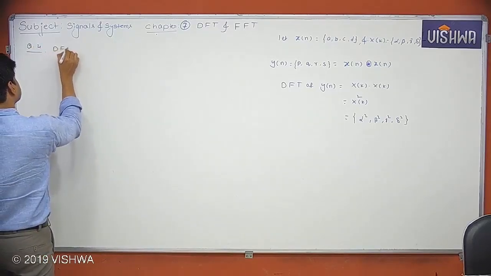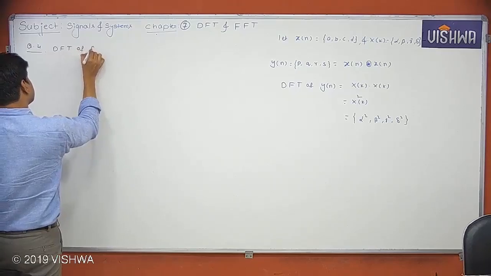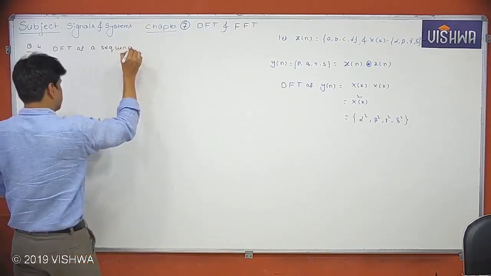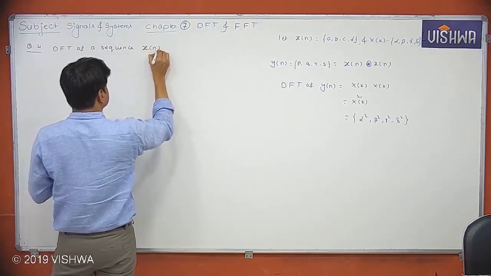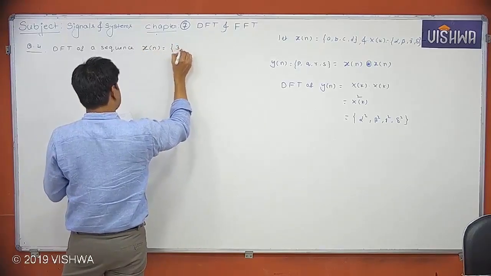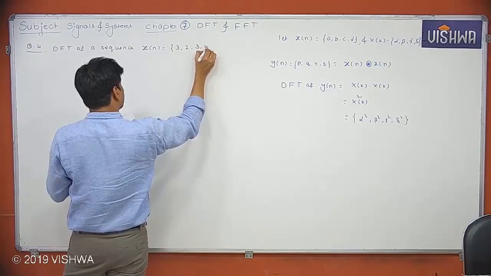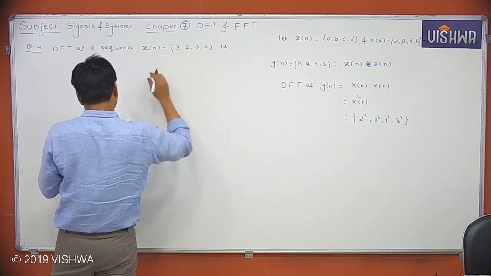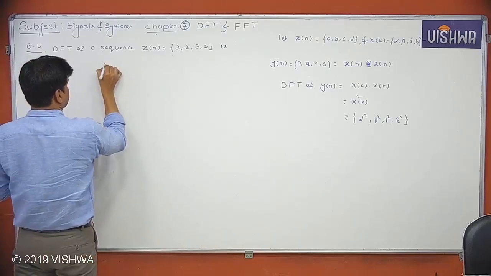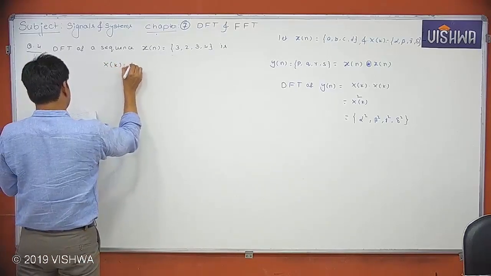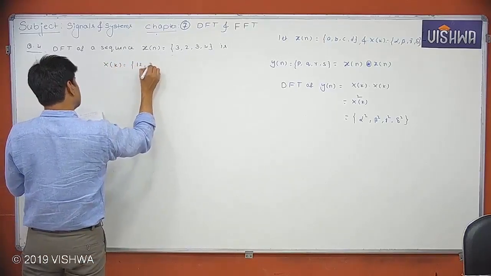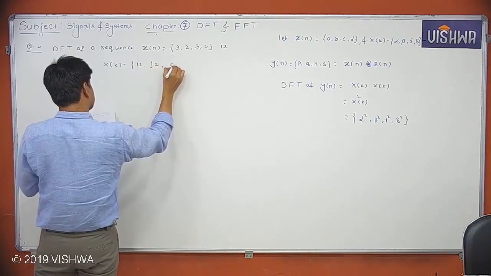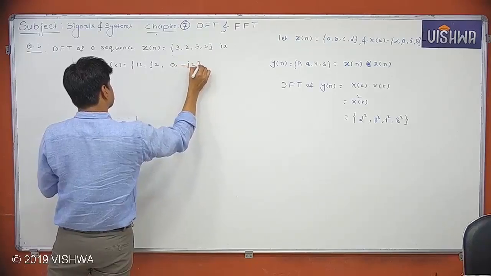The DFT of a sequence x of n equal to 3, 2, 3, 4 is, if x of k is equal to 12, j2, 0, minus j.